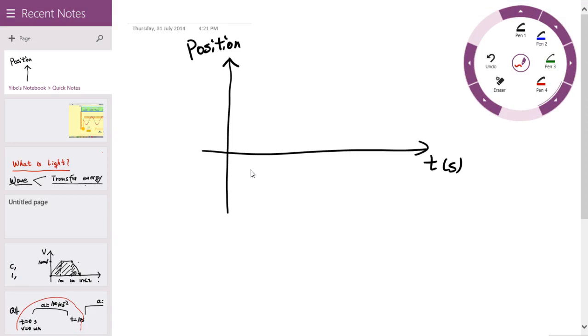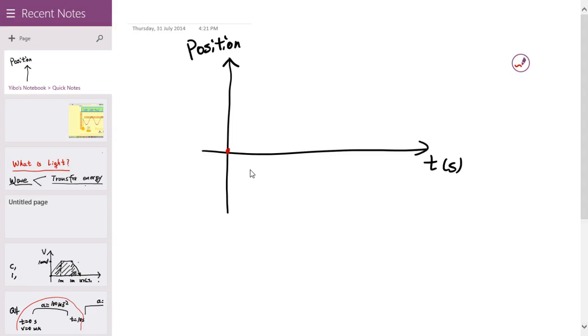It starts from 0. As time passes, it moves up. Then it moves down. Then it moves further down, returning to its original point here.